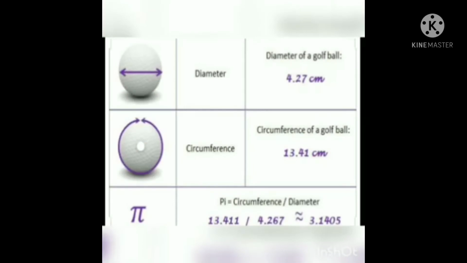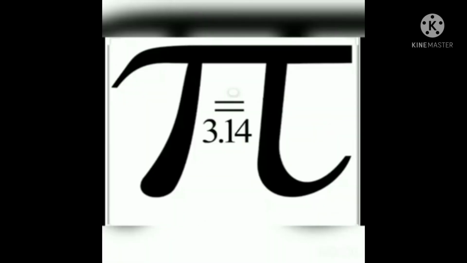So for any circle or circular shape, the ratio circumference by diameter is a fixed value, somewhat rounded 3.14. It's not the exact value, but that fixed ratio we give a constant name.